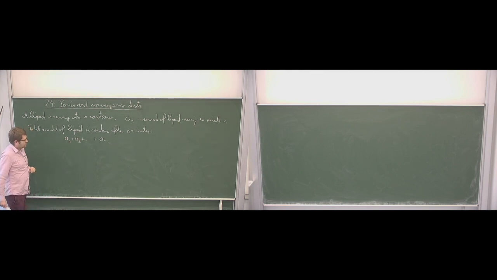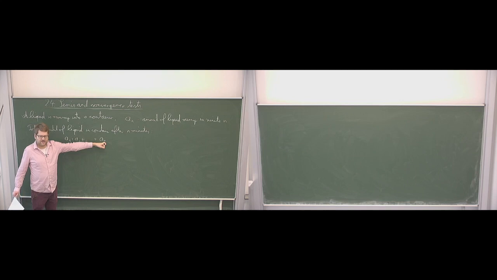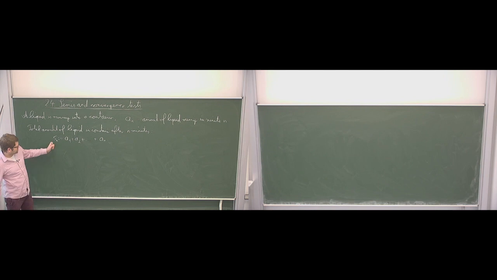So if we now want to know if our container is big enough to contain the whole stream so that all the liquid can fit inside, we have to ask what happens if this n becomes bigger and bigger. And this sum here can now be seen as a sequence in its own right. Let's call this S_n, S like sum. So we could consider the sequence S_n and check if it converges. If it converged and if its limit was smaller than or equal to the volume of the container, we would be relieved because nothing would flow over.